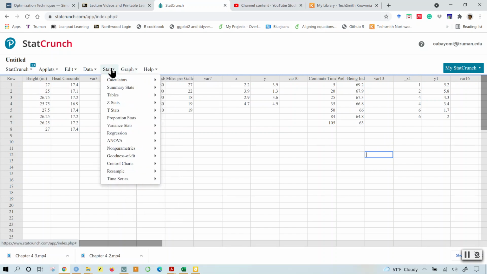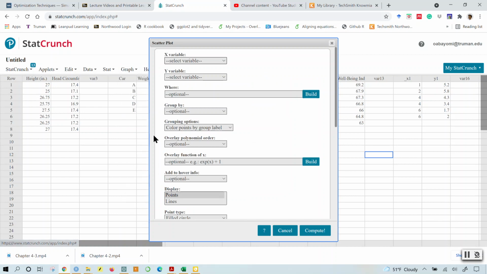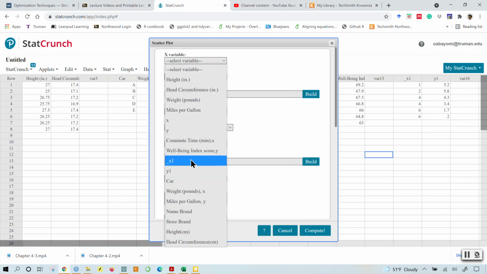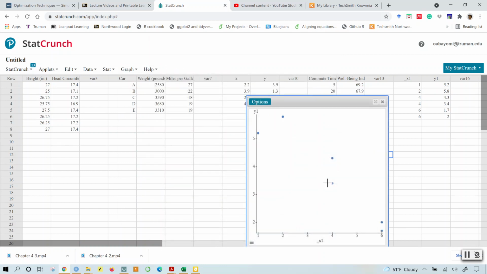So in this case, I would like to graph the scatter plot, and I'll select my x variable. That is this one, and my y variable is this one. So I see that there is evidence of an approximate linear relationship between my x and my y.